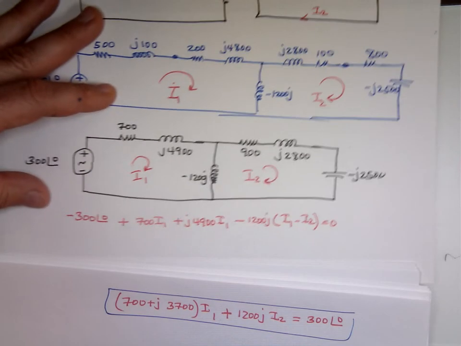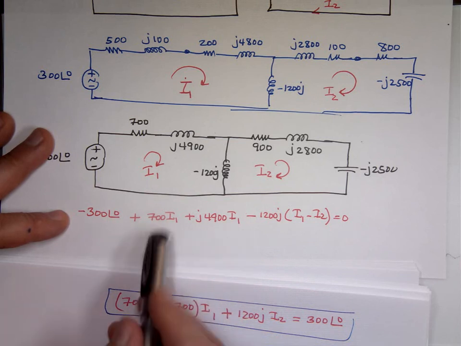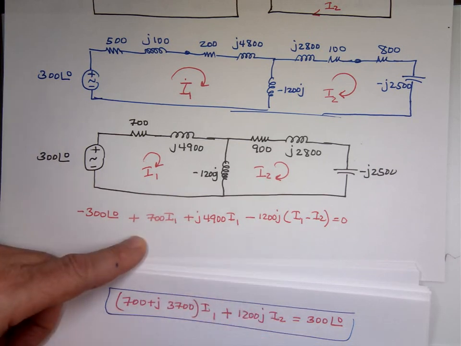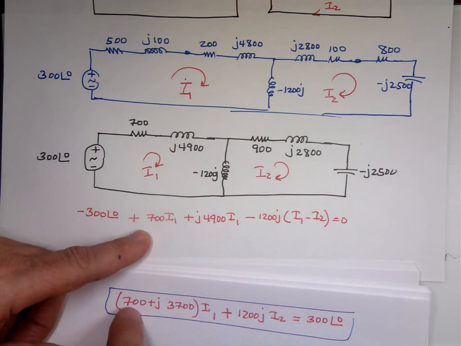So then our math is wrong here. Combining. Let's see. That's J 3700 and 700. That's okay. The first one just has a negative 1200, the only difference between that equation and the previous one.